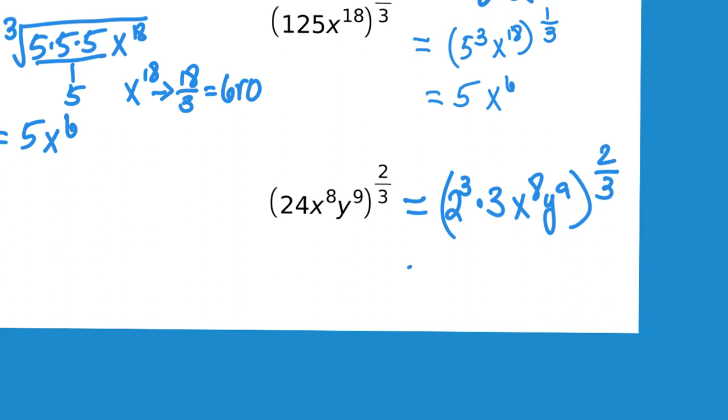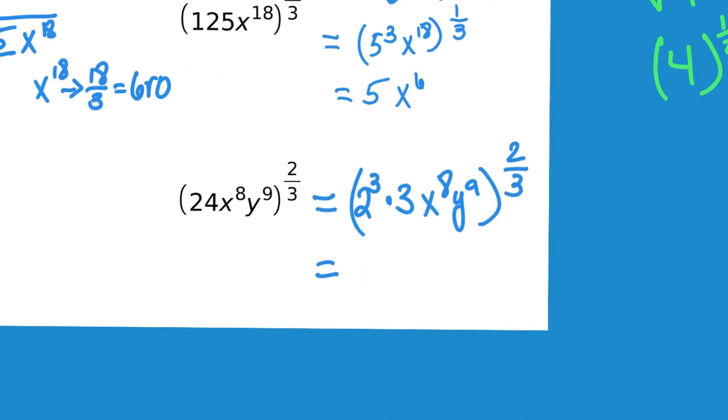Okay, so we're going to go about this one by one. Let's look at 2 cubed raised to the 2/3. So what is 3 times 2/3? Those cancel, and we're left with 2.